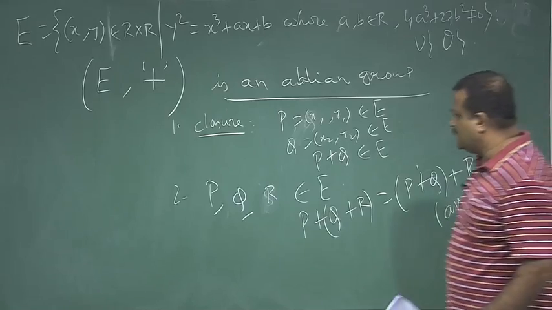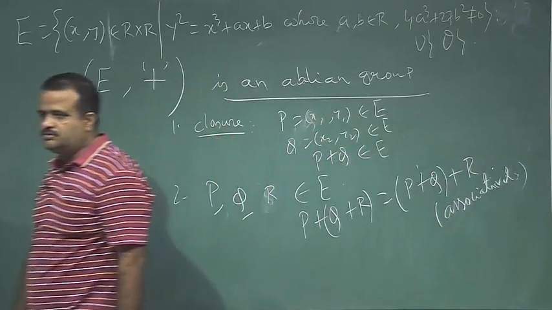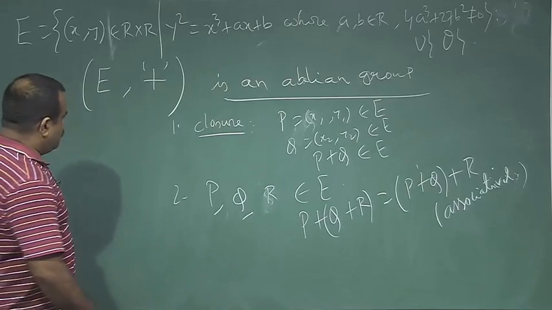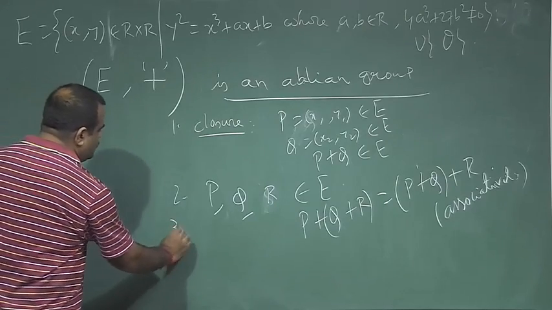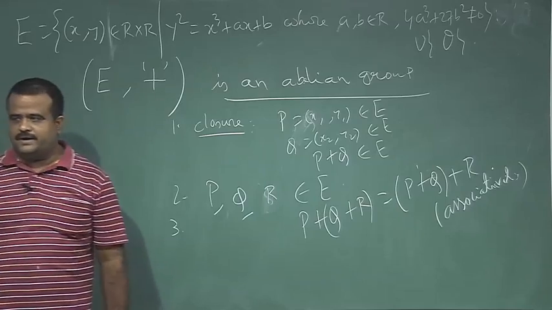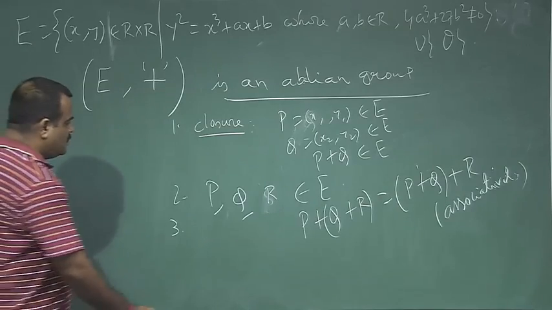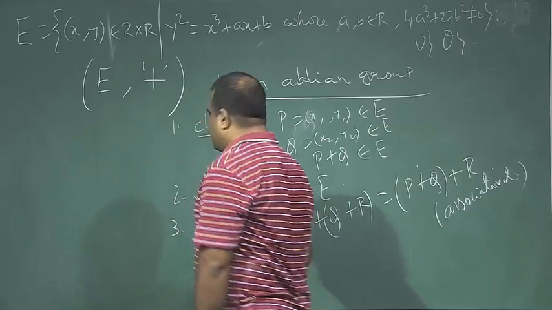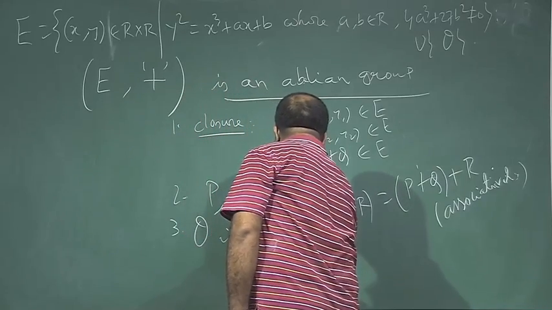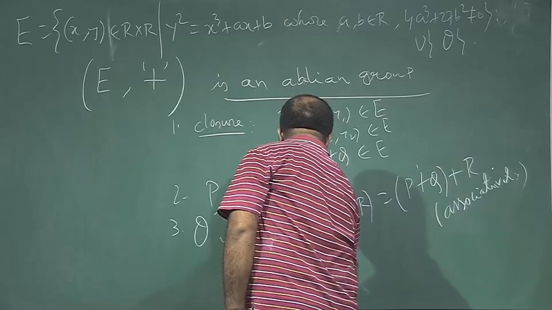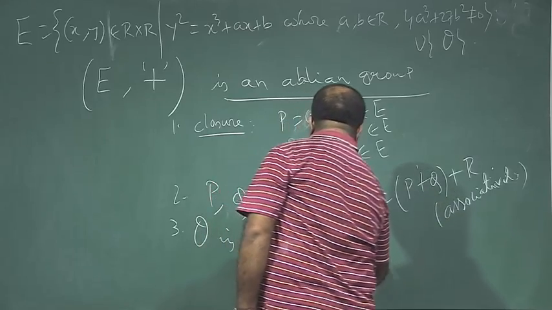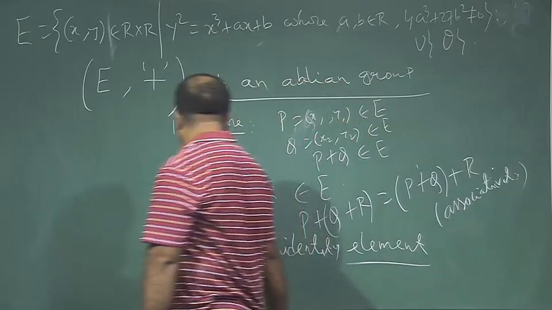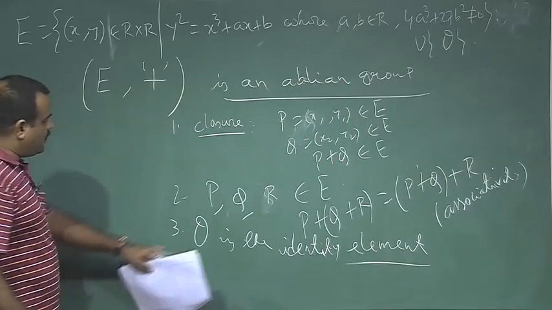This also can be proved geometrically. This is not very straightforward, but it can be proved. And then the third should be the existence of an identity element. So, who is the identity element? This phi, sorry, this phi means the point at infinity.